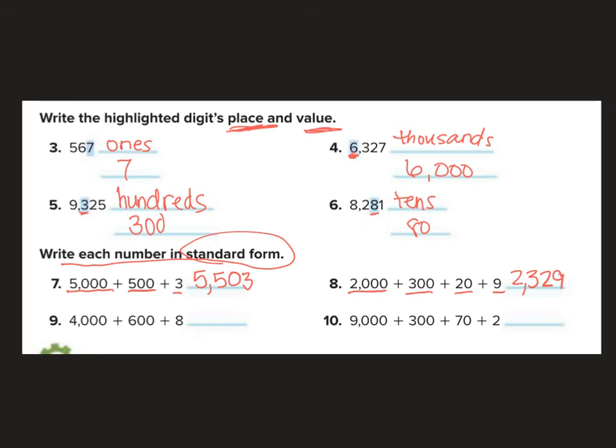Okay, here we have, for number 9, we have 4,000, 6 in the hundreds, no tens again, and an 8. Here we have 9,370 and a 2. 9,372.